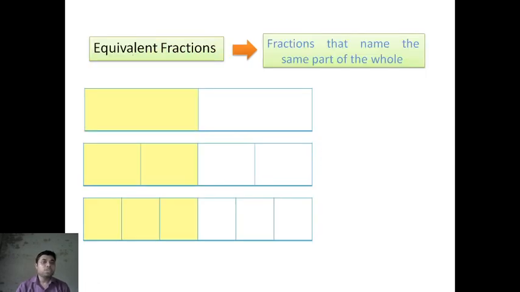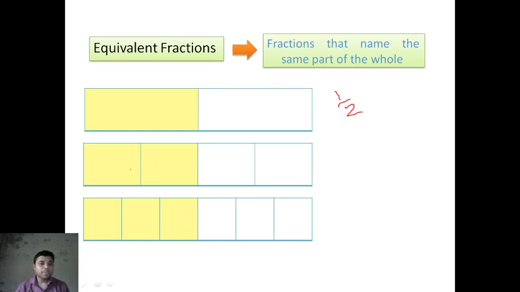Now equivalent fractions: fractions that name the same part of the whole. Look here, three rectangles having the same size, that means the whole part is the same. Now here, among two parts one part is shaded, so what is the fraction? 1 by 2.